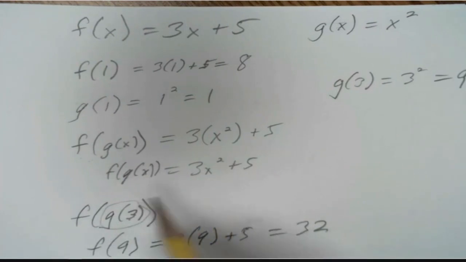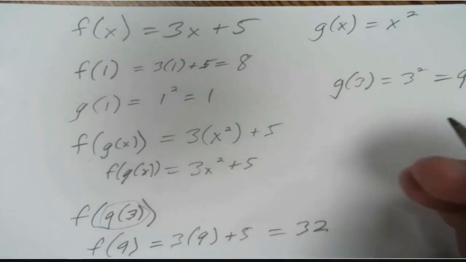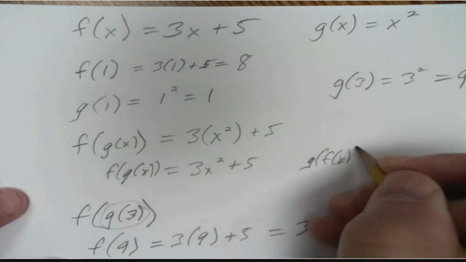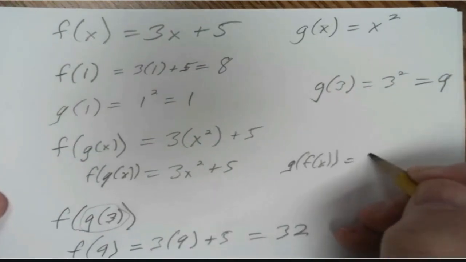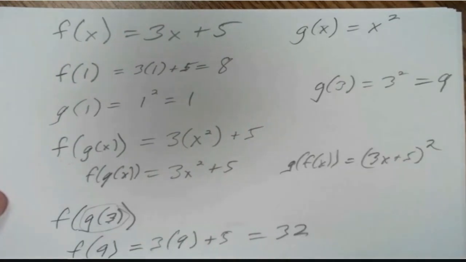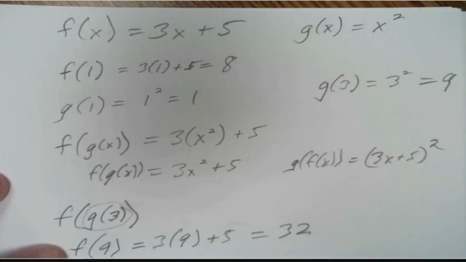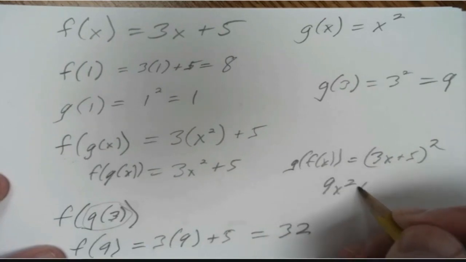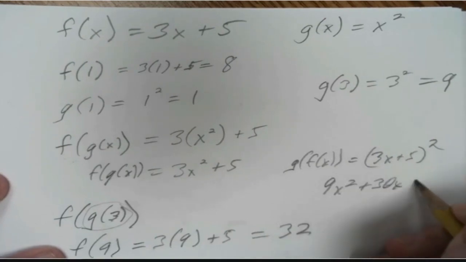But if we substitute it the other way, we would have g of f of x would be 3x plus 5 squared, which is going to be 9x squared plus 30x plus 25.